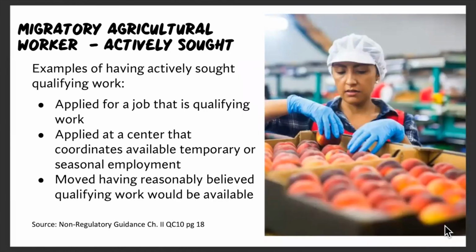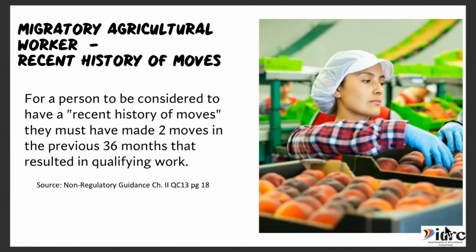Examples of having actively sought qualifying work include having applied for a job that is qualifying work, applying at a center that coordinates available temporary or seasonal employment, or even moving to an area having reasonably believed that qualifying work would be available. For a person to be considered to have a recent history of moves, they must have made 2 moves in the previous 36 months that resulted in qualifying work.